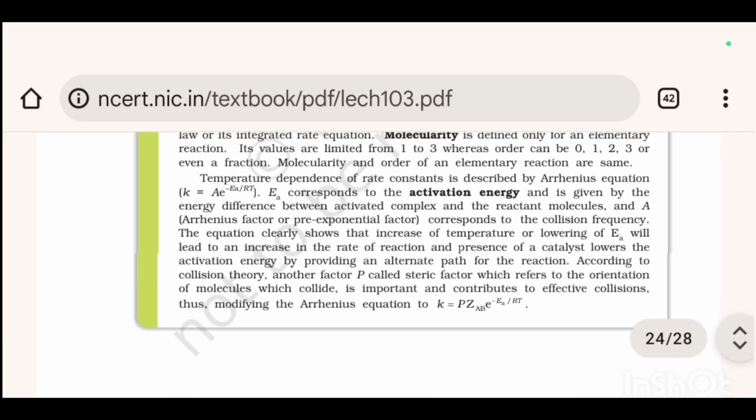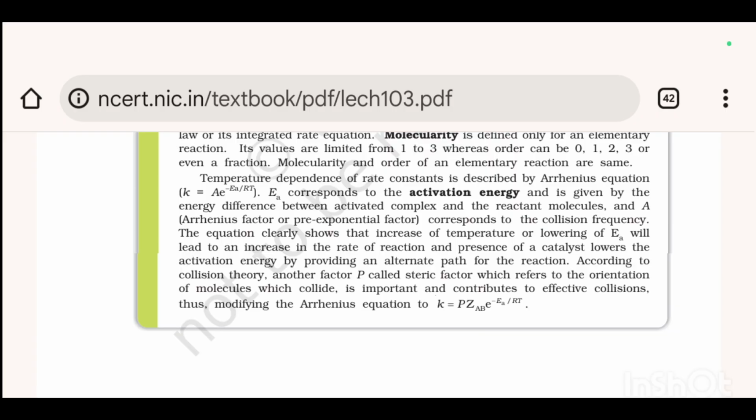Temperature dependence of rate constant is described by the Arrhenius equation, k equals A e raised to the power minus Ea upon RT, where Ea corresponds to activation energy and is given by the energy difference between the activated complex and the reactant molecules, and A, the Arrhenius factor or pre-exponential factor, corresponds to the collision frequency. The equation clearly shows that increase of temperature or lowering of Ea will lead to an increase in the rate of reaction, and the presence of a catalyst lowers the activation energy by providing an alternate path for the reaction.